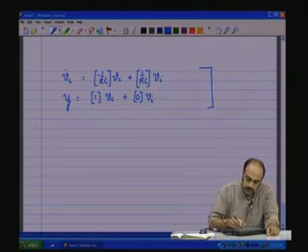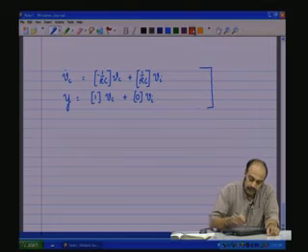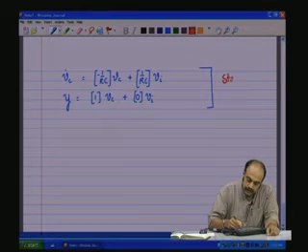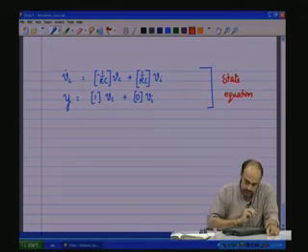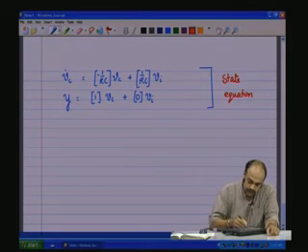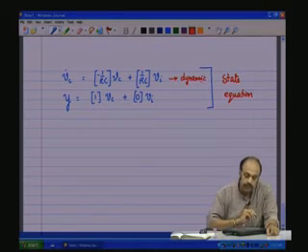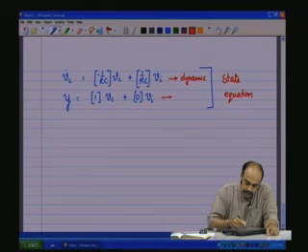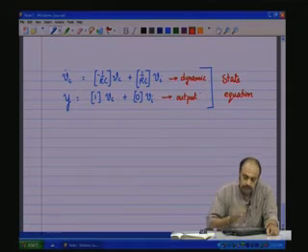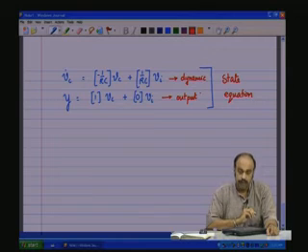So, these two equations together are called the state equation for that circuit. This is the dynamic equation, which is a first order differential equation, and this is the output equation here.